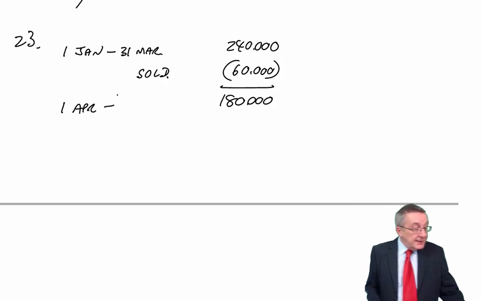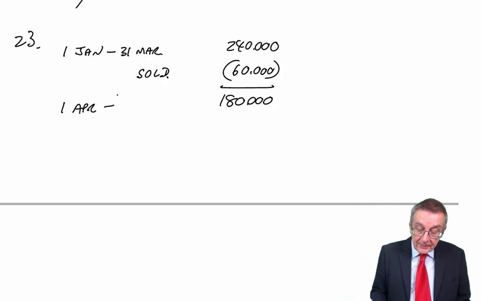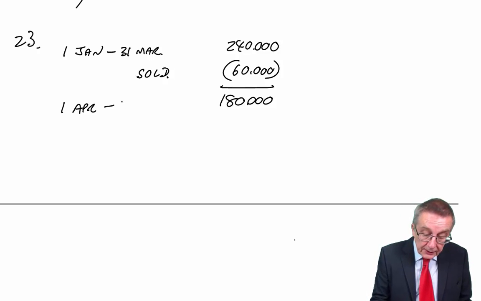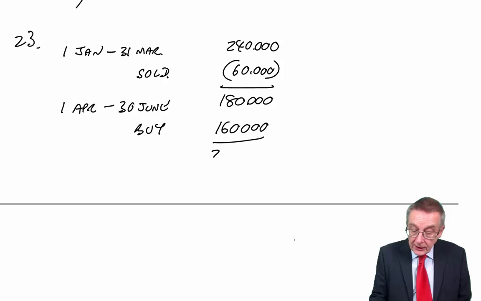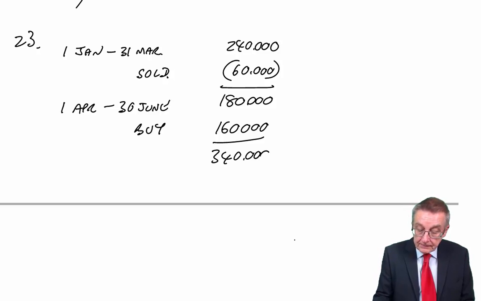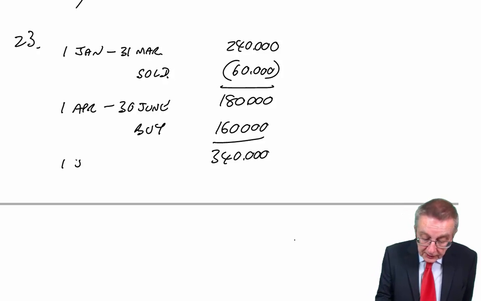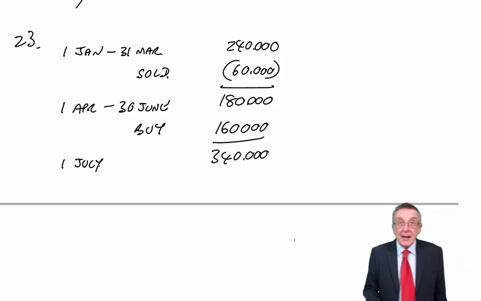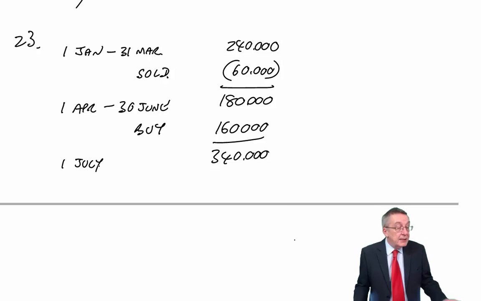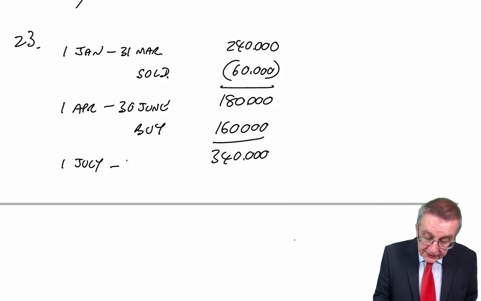The next date is 30th of June, so it stayed at 180 to the 30th of June, and then we buy more for 160, and the cost went up to 340. So the cost was 340 from the 1st of July, and nothing else happens. It stayed like that to the 31st December.